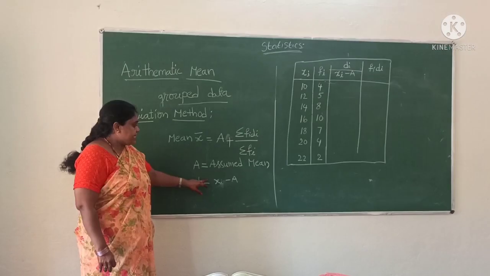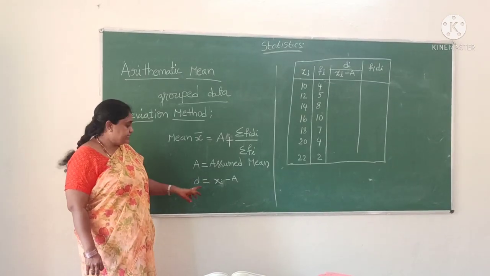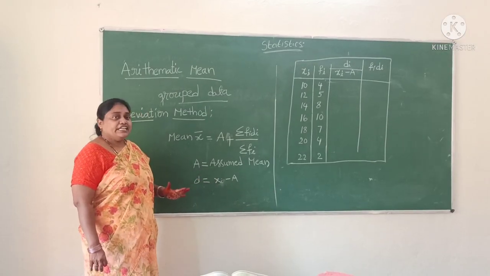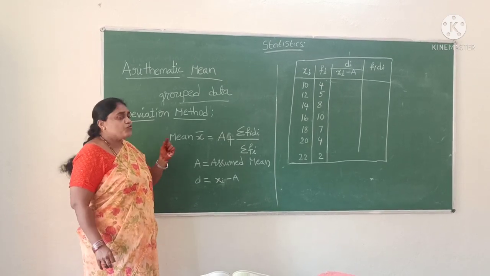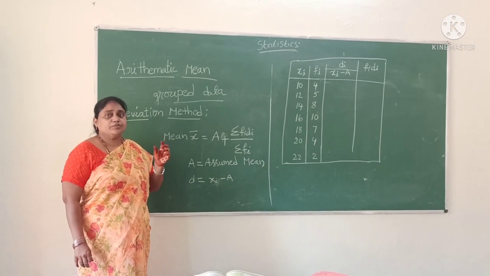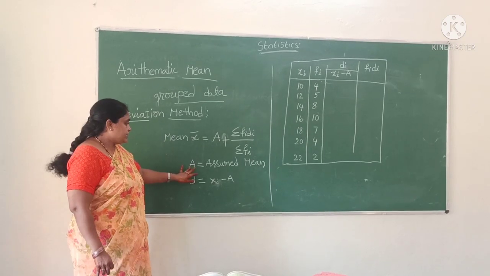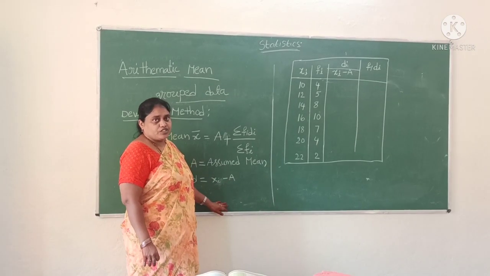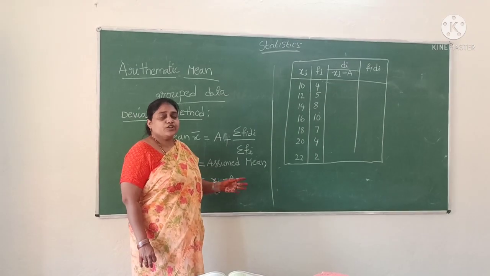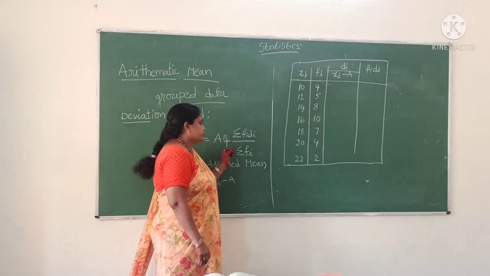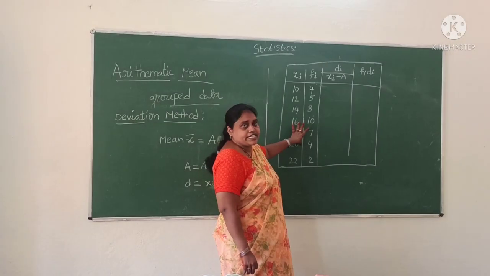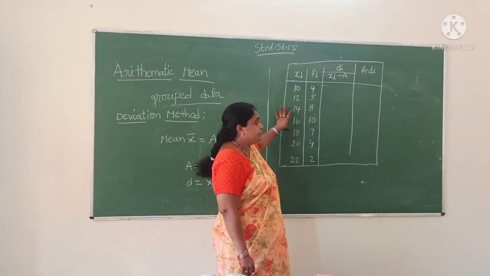Next d is xi minus a. Assumed mean means we assume a value to find out arithmetic mean. Okay, now let us see one example for deviation method. We use this frequency table.